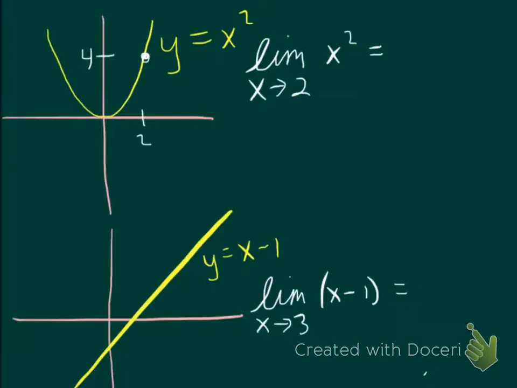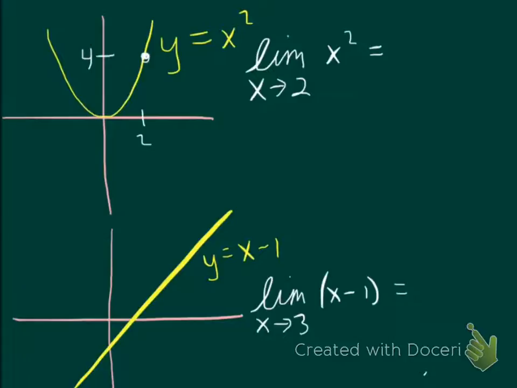So let's look at a couple examples in which we use real functions. Instead of just drawing this random yellow curve and calling it f of x, we're going to use the yellow curve in the first example in the top left, and call it y equals x squared.